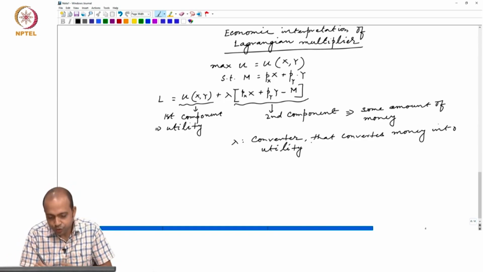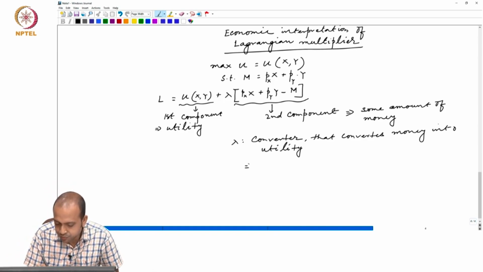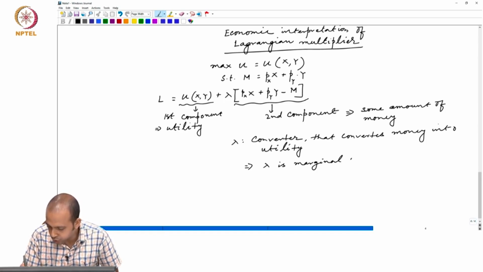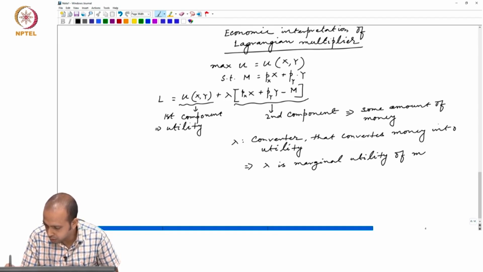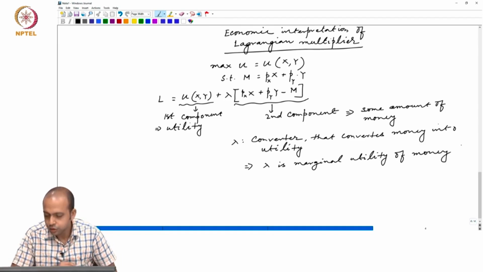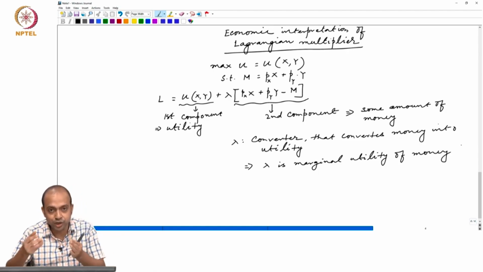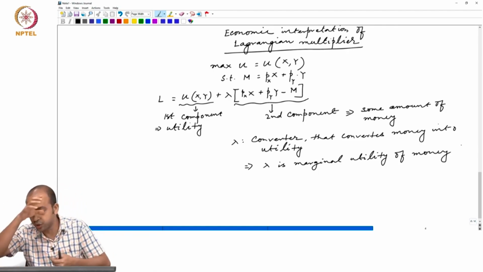So, that means we can say lambda is nothing but the marginal utility of money. So, what is the utility that we derive from 1 unit of money?